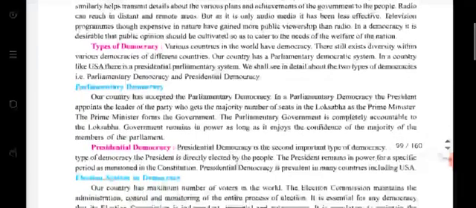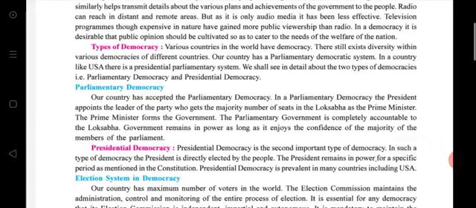Next topic, types of democracy. Before I start this topic, I will tell you some important questions related to this chapter, and also for chapter number 9 and chapter number 10.